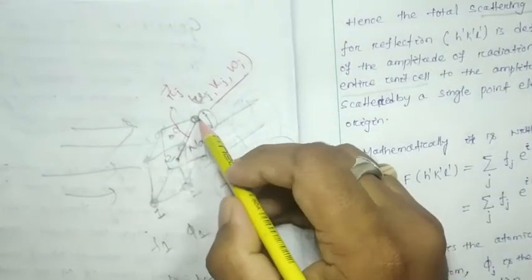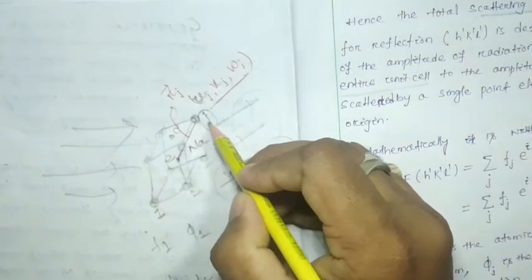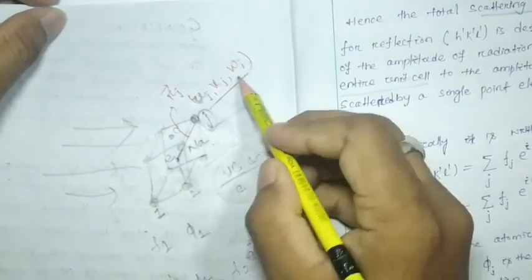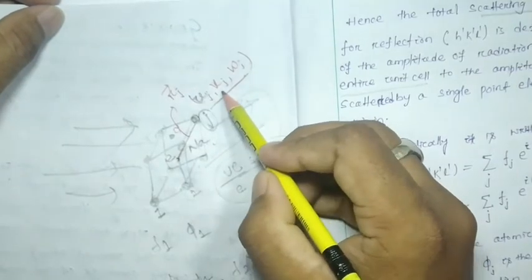So this will be the electron, and suppose this is the jth atom, with coordinates uj, vj and wj.